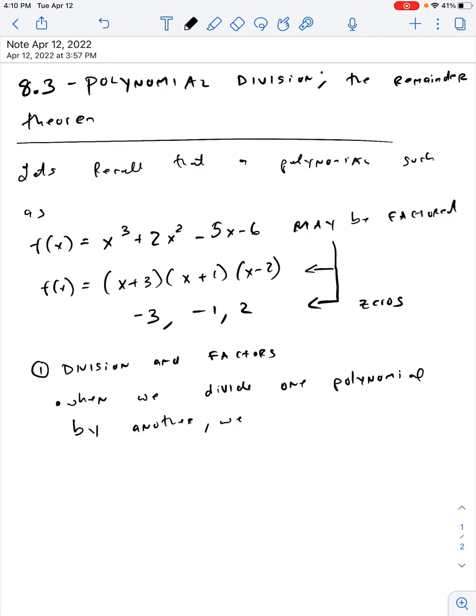We get two things. We get a quotient, which is just a fancy way of saying the answer. And we also get a remainder.